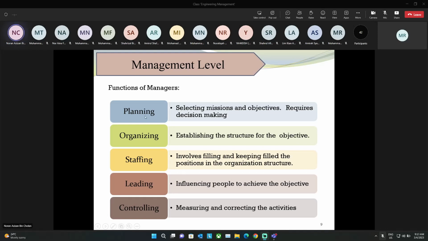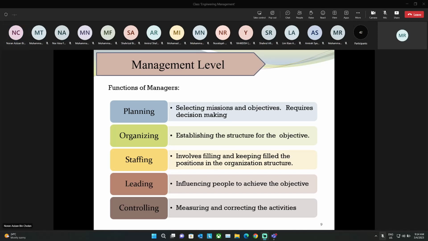What is planning? Planning is about setting mission, objective, and also decision making. For example, as I said about the unified coverage, in Batu Pahat, which area is the main priority?